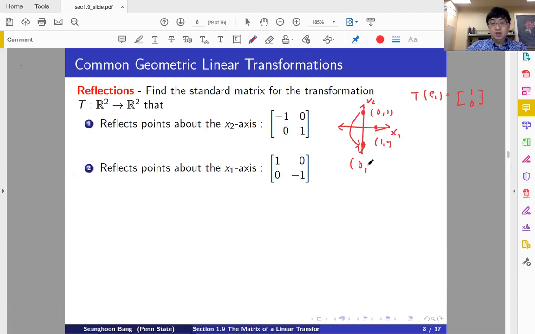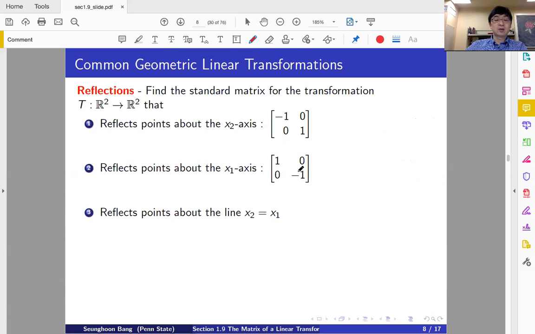This point is 0 and -1. So T(E2) equals 0, -1. The same, matrix A is the first column T(E1), second column T(E2). So first column T(E1) is 1, 0. T(E2) is 0, -1. Yes, we have it. This is the whole idea.